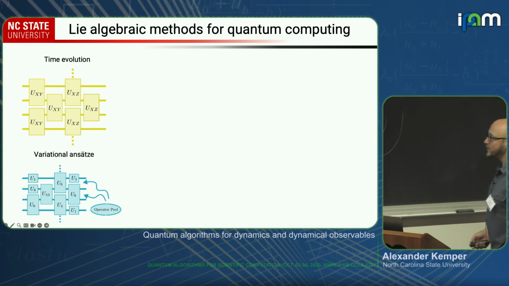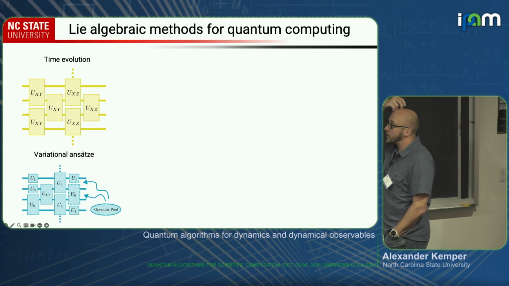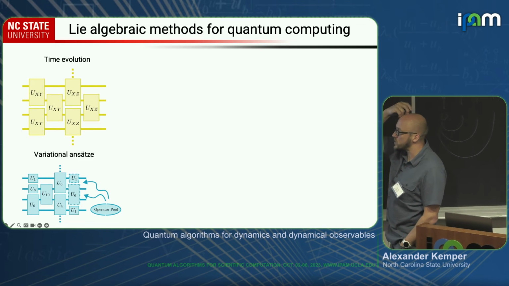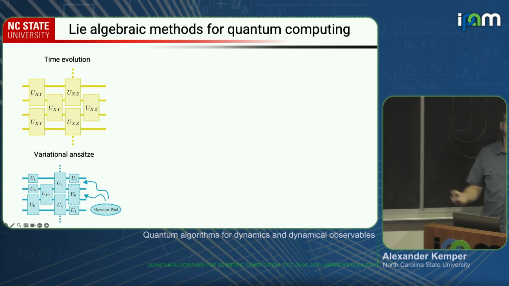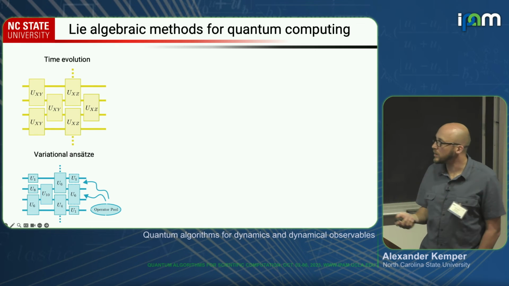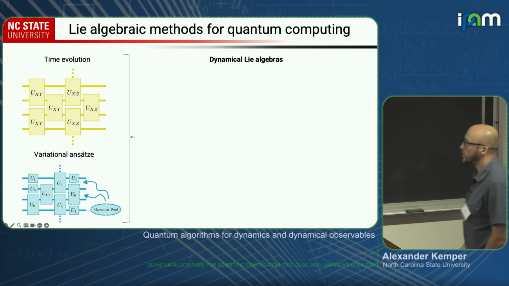All right, why should you care about these in the first place? Well, we saw a little bit of this earlier this week in Christian's talk. If you're building some circuit either for time evolution or for some variational ansatz, one way that you can talk about quantum control or expressibility of these circuits is by computing a thing called the dynamical Lie algebra.